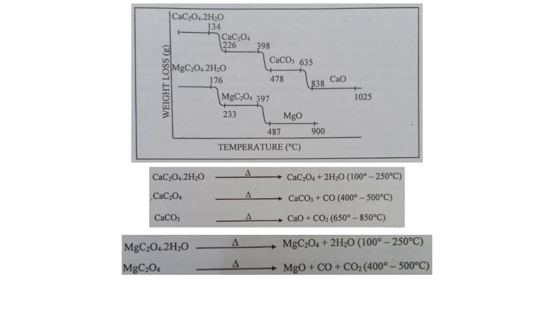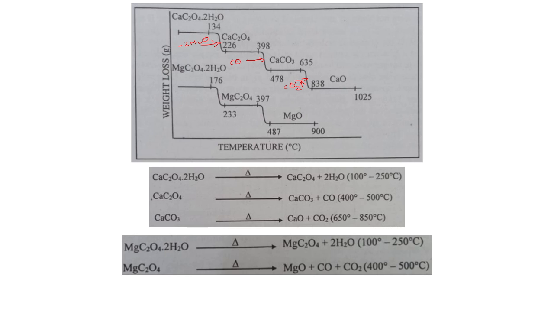You can see here, this is the first stage, where loss of water molecules is taking place. In the second stage, what is happening? Carbon monoxide is lost, and in the third stage, CO2 is lost.